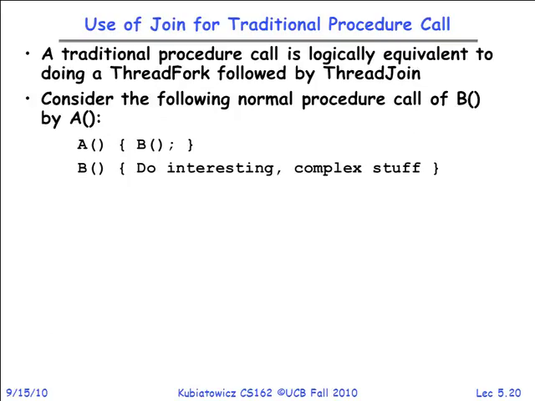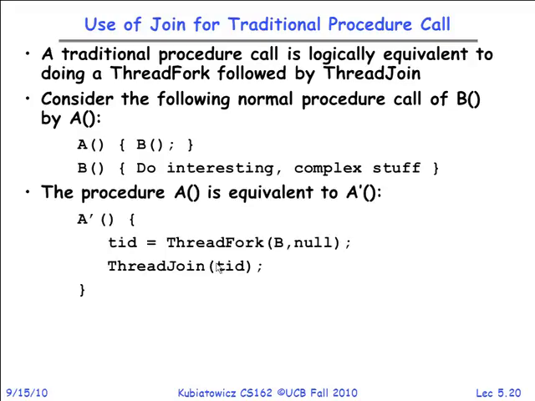Look at procedure A prime. We thread fork B with no arguments, because B has no arguments. We get a thread ID. We call thread join. Okay? So A prime is logically the same as A. Why is that?